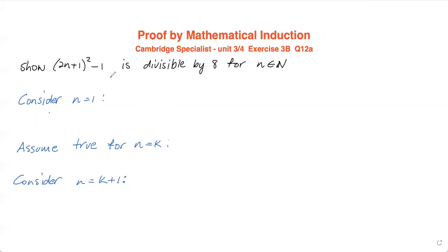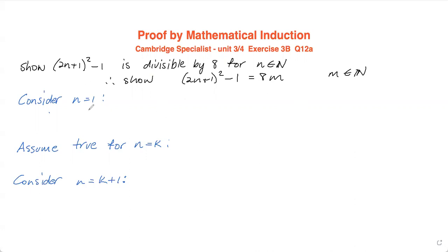We want to show that (2n+1)² − 1 is equal to 8m, because if something's divisible by 8, then it must be a multiple of 8. And this is how we would demonstrate that. And we will just say that m is an element of natural numbers.